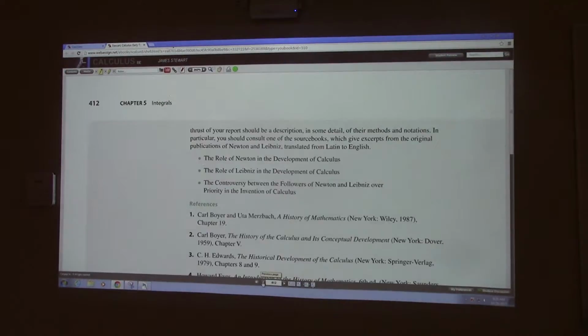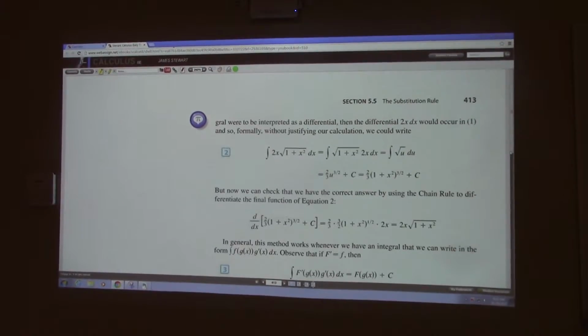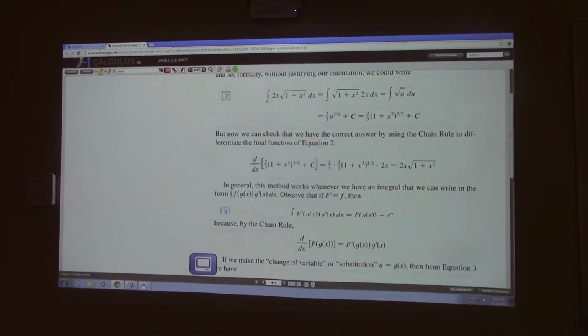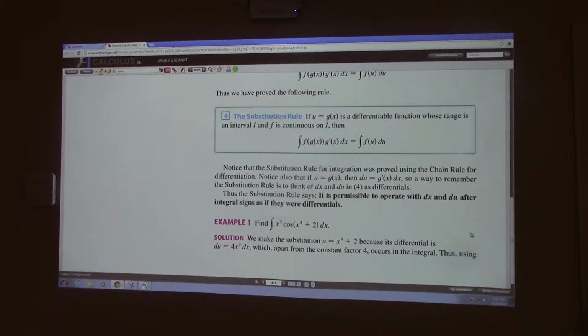Substitution, the second most important, besides the basic law. Okay? The substitution rule. Write this down. Now, if you look at it, you ain't going to have a clue.